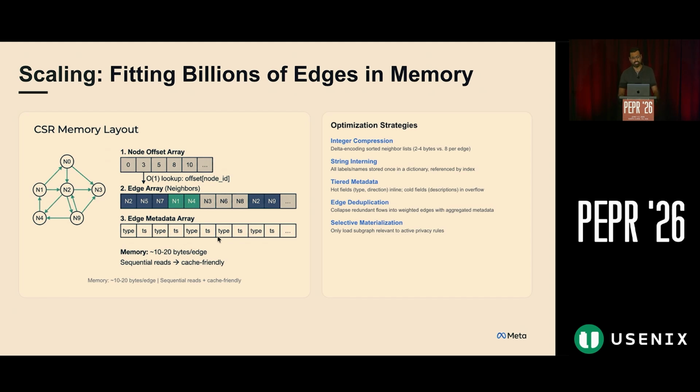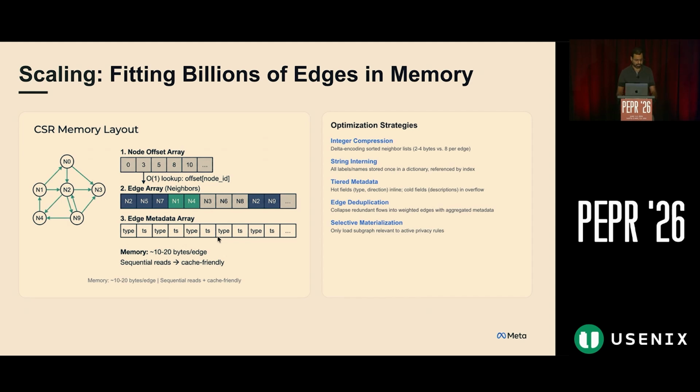This is how you encode your node and edge data, representing it as a 64-bit integer ID instead of storing it as a string. The second approach is string interning. Instead of storing repetitive characters and words in the string, you break it down and only store something that uniquely identifies the node, so that you can reduce the size of the data you want to store.